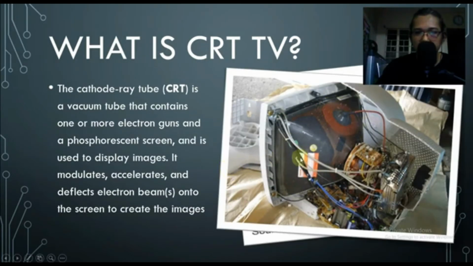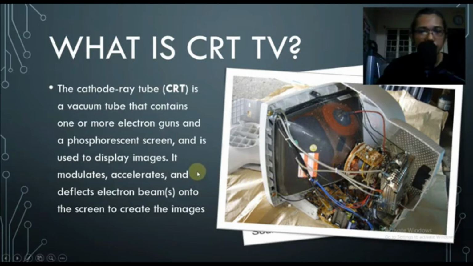As you can see here, para siyang malaking bumbilya, no? At nandito yung tinatawag na electron guns. Yung electron guns, yun yung nagpo-project ng mga micro laser kung saan lumalabas yung mga pixel ng bawat picture na pinaproject niya dito. So, yun ang bumubuo doon sa image, no?